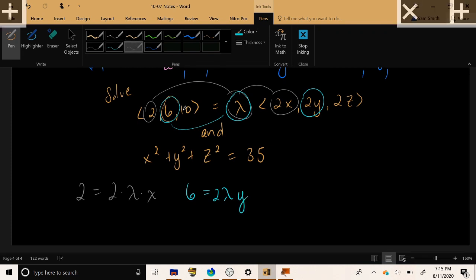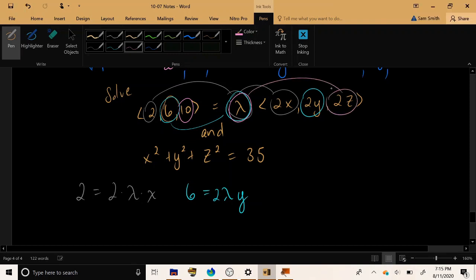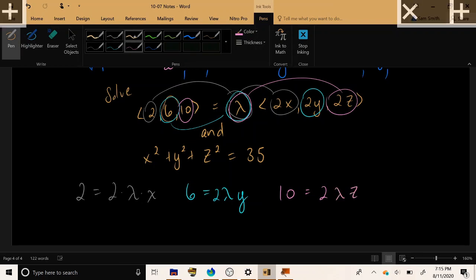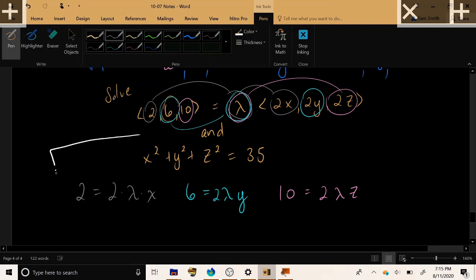If I take the z coordinate, that tells us that we must have 10 equal to 2 times lambda times z. And finally, we also require that the constraint equation must be satisfied.